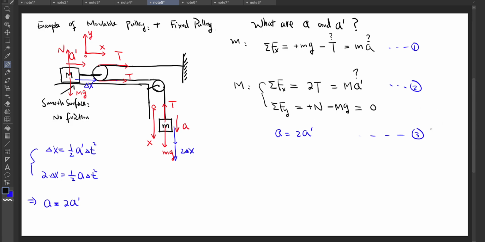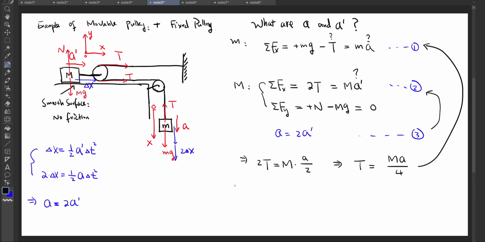So I substitute equation 3 into equation 2. I have 2T equals big M a over 2. So T equals big M a over 4. Now I can substitute in equation 1.